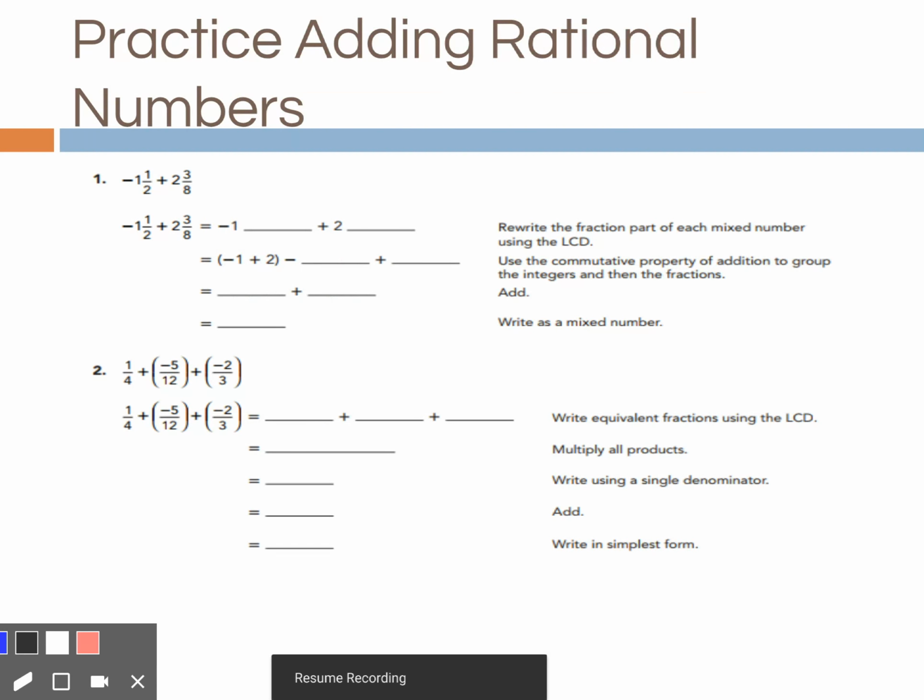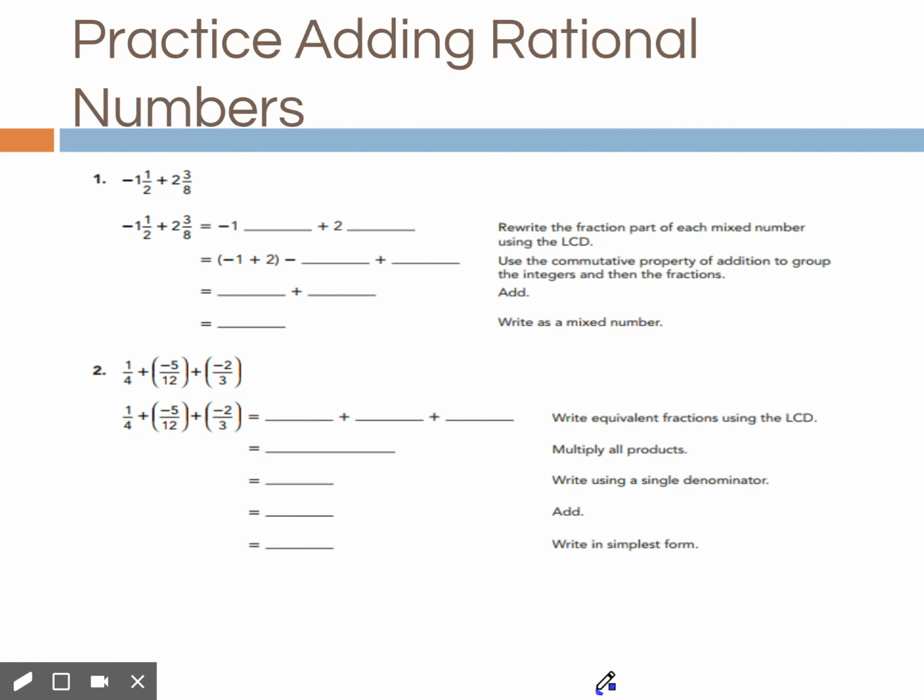All right, so let's do some practice. In number 1, we have negative 1 1/2 plus 2 3/8. So before we can do anything with fractions, remember we need to make common denominators. I know that the least common multiple of 2 and 8 is going to be 8. So I need to do some math here. 1 times 4 and 2 times 4.